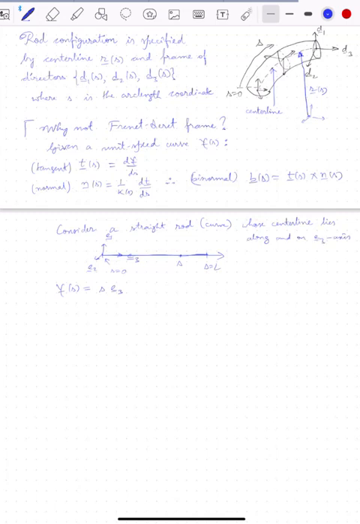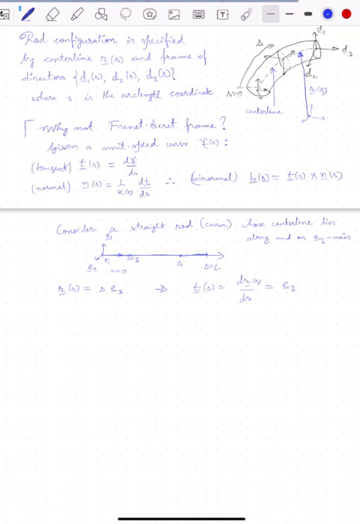To be consistent with what we are trying to do here, we talked about the center line, so we call it R of S equal to S E3. The tangent vector T of S is equal to dR vector by ds, and this comes to be just E3. So till here it's fine.